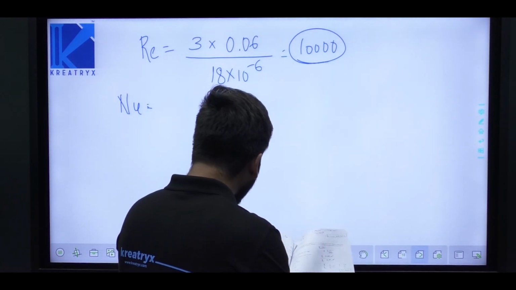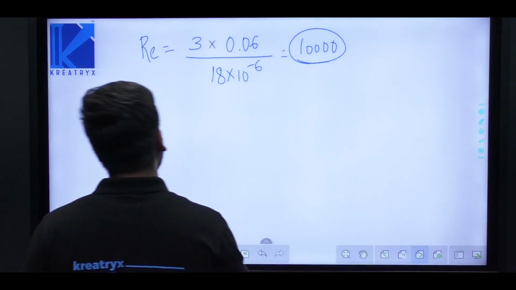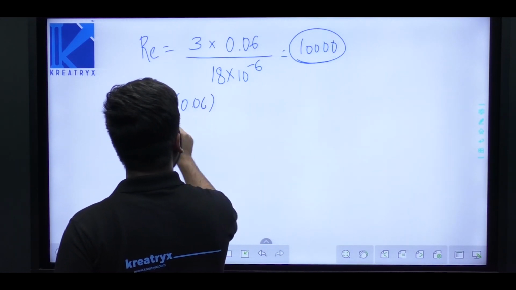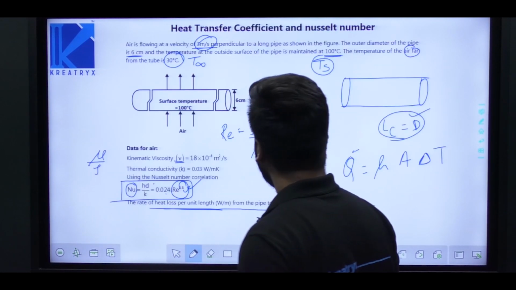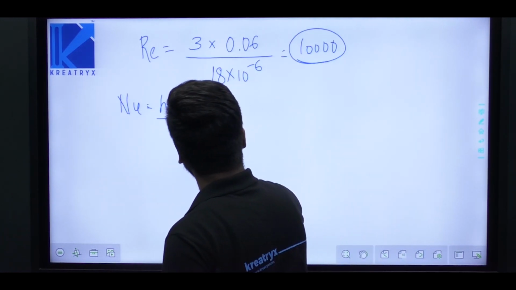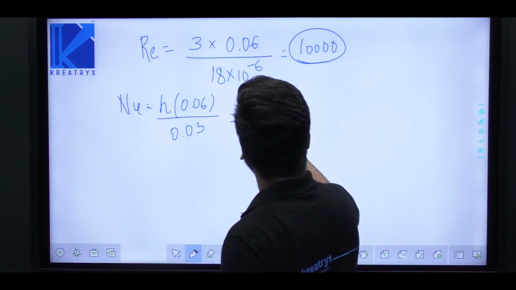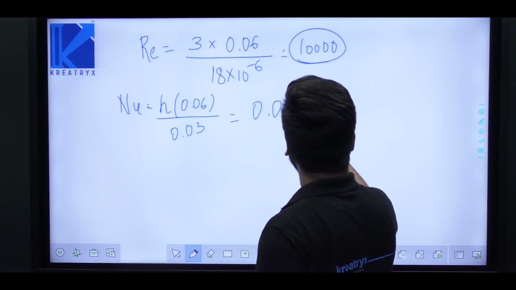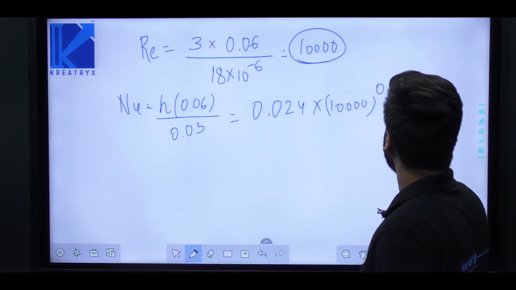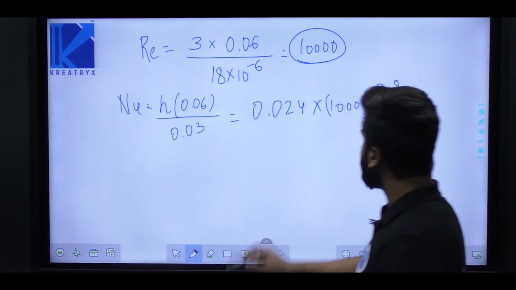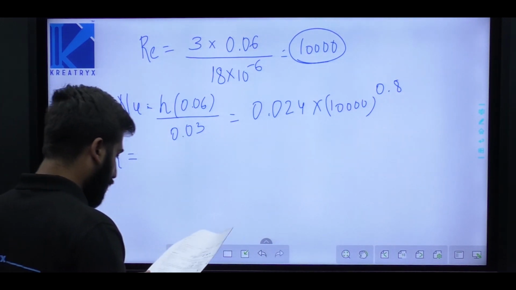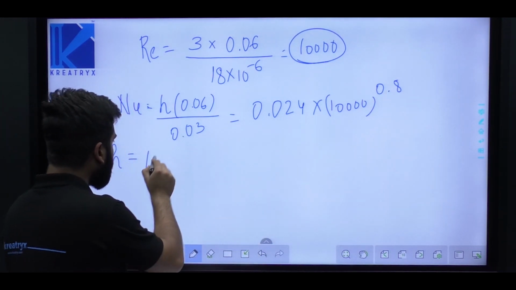So directly solve this: h into 0.06 by k, where k is 0.03, is equal to 0.024 into 10,000 raised to 0.8. Now solve it, so you directly get the value of h. And h is equal to 19.0187.